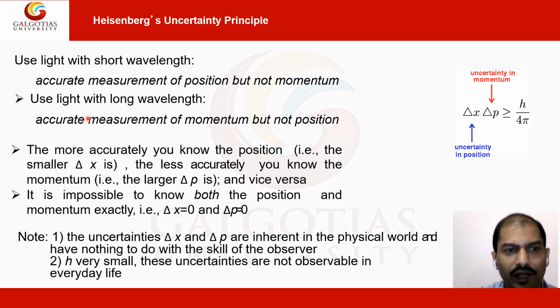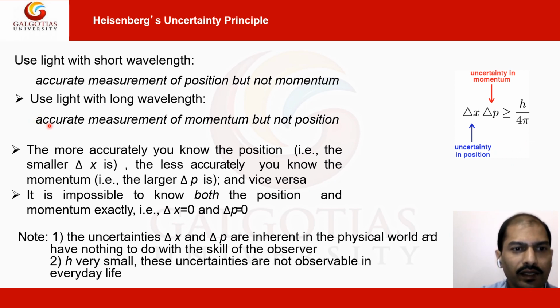In the case of light with short wavelength, accurate measurement of position is possible, but you cannot measure the momentum, represented by p. Here delta p and delta x represent the uncertainty in momentum and position, x being the position, p the momentum, and h the Planck's constant.